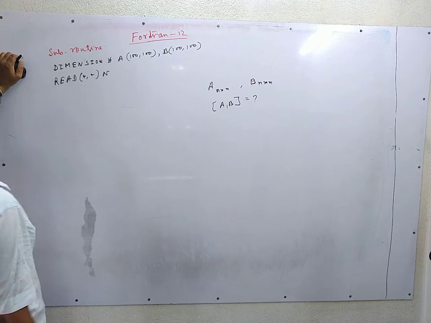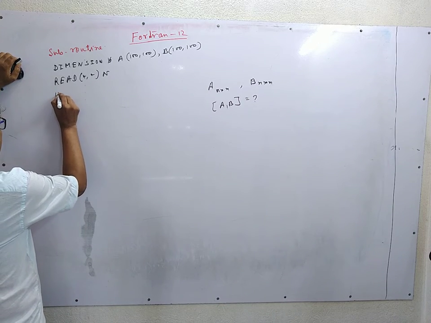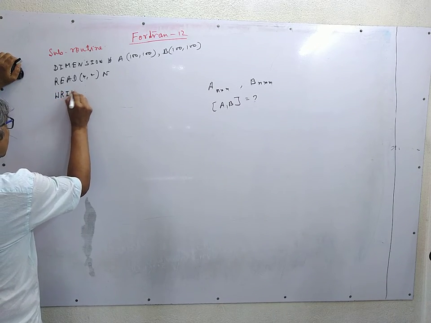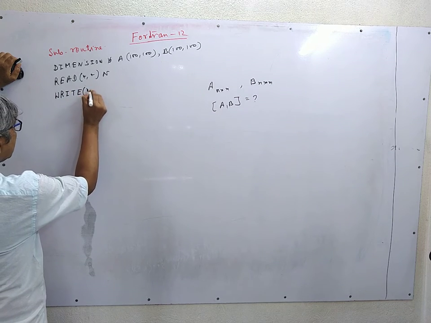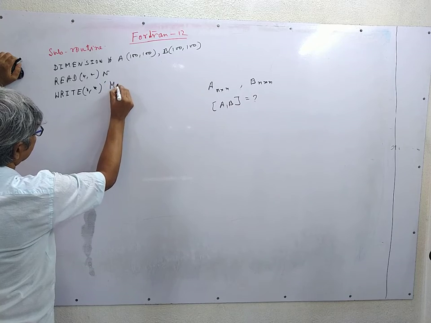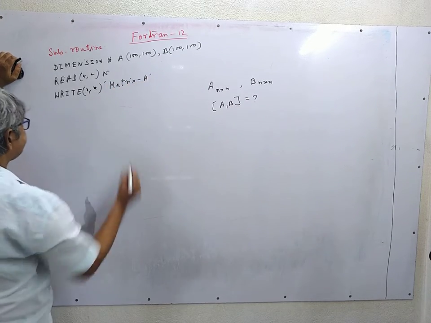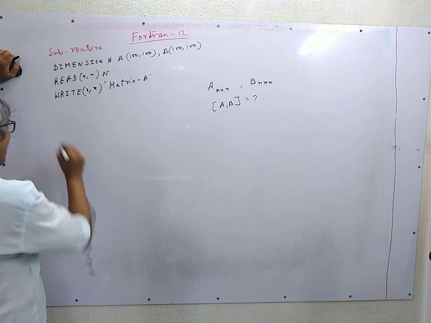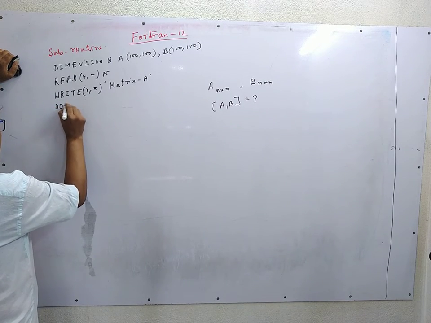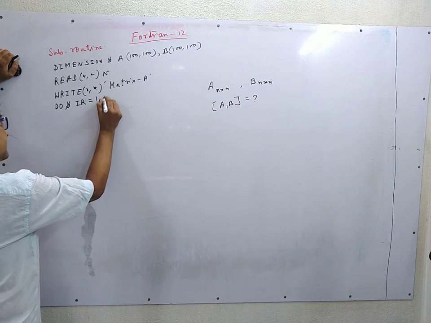This is the dimensionality of the matrices. Matrix A. IR is equal to 1 comma n.